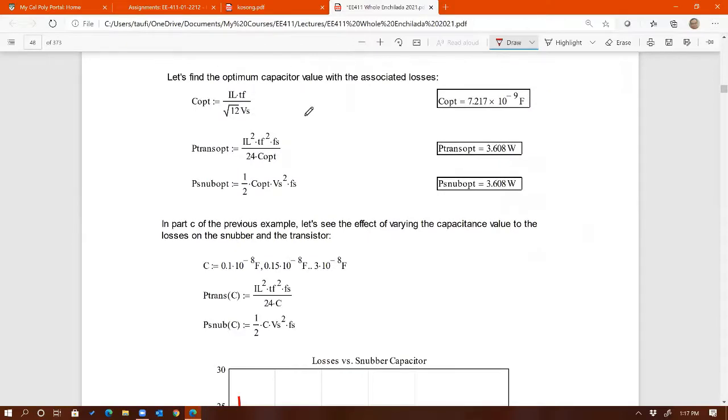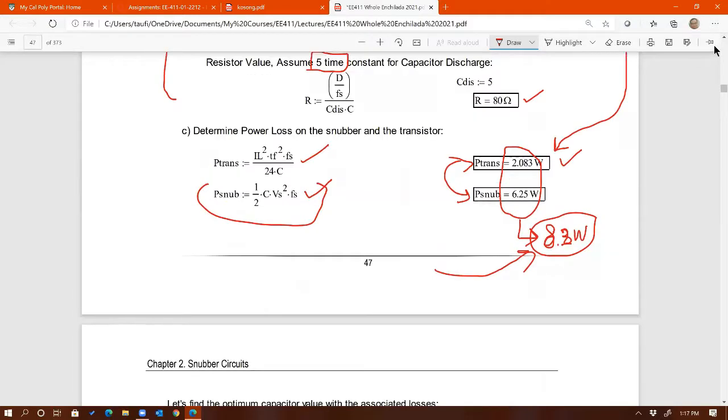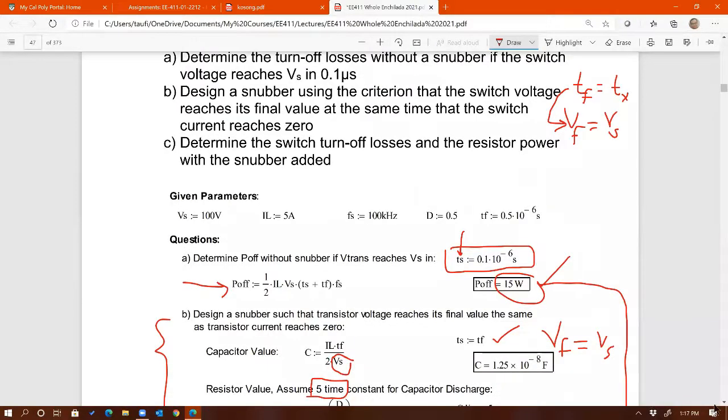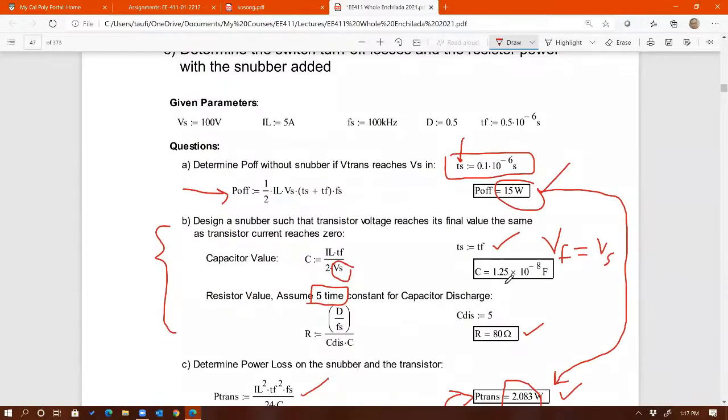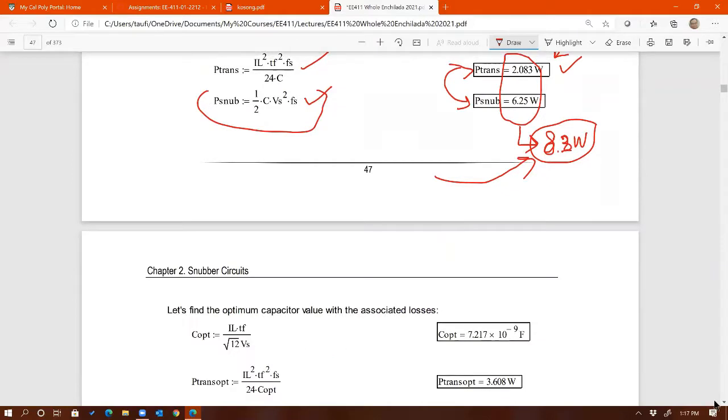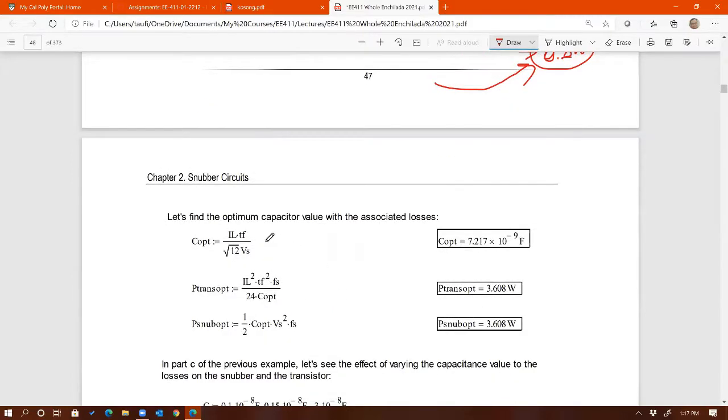So you can see that if I change the capacitance value, instead of using 12.5 nano, I'm going to use the optimal value by using the equation I have earlier, right there. That gives you 7.2 nanofarad, right? So go ahead and use that.